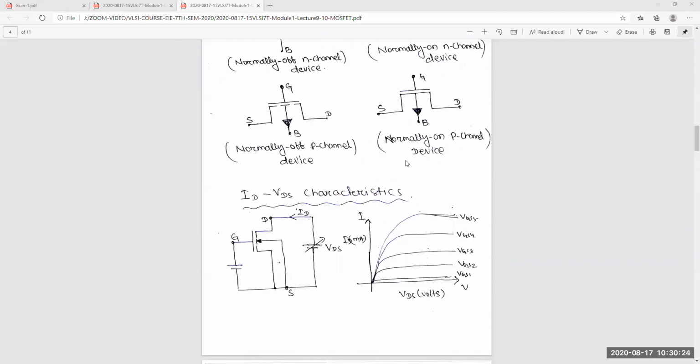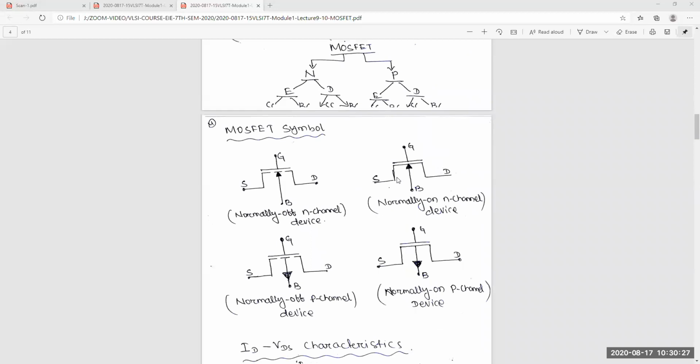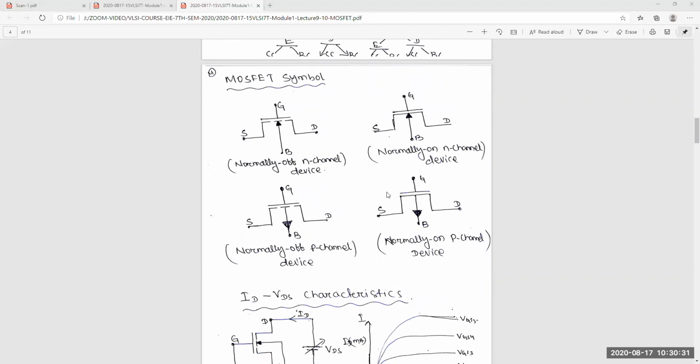So this is all about the MOSFET structure and now the MOSFET symbols. We have already discussed the MOSFET fabrication, so we will not discuss it again. You know how the MOSFET structure is, how the different layers form, how implantation, metallization, patterning work.